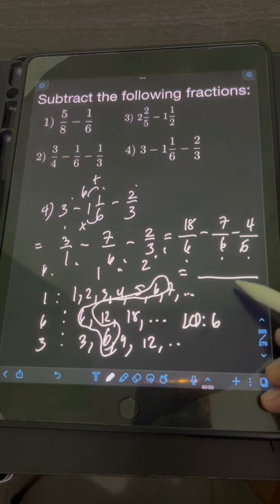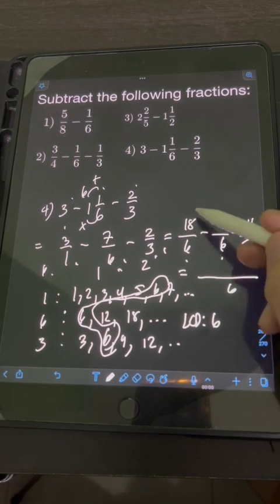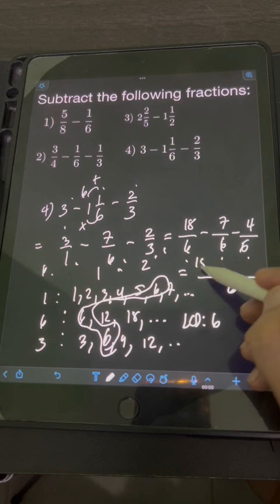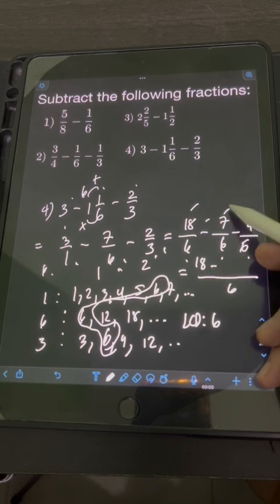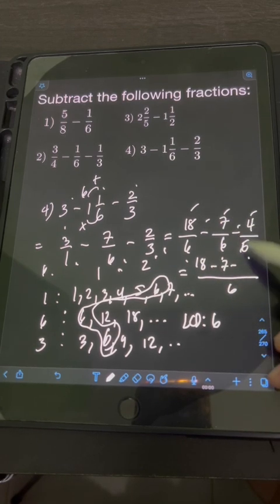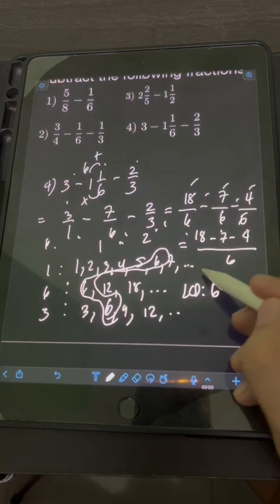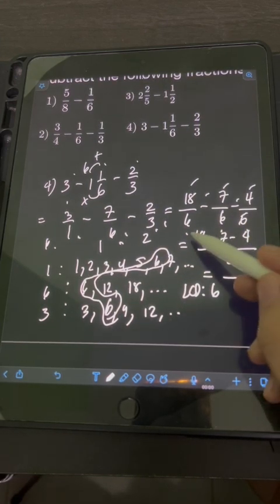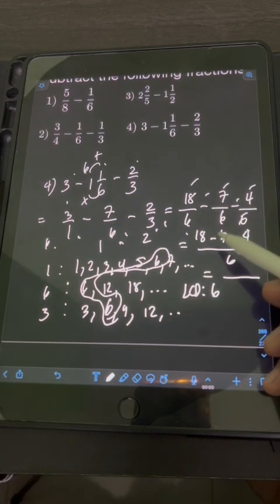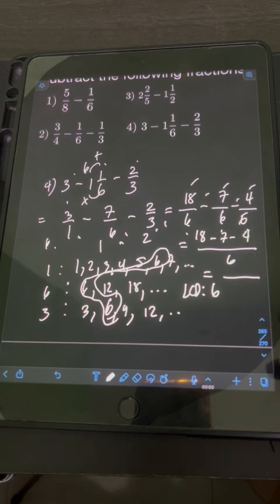So we just copy now the same denominator of 6 and then subtract the numerators, 18 minus 7 minus 4. So we now have 18 minus 7, that's 11, minus 4, 7. So we have 7 over 6, or this is an improper fraction.